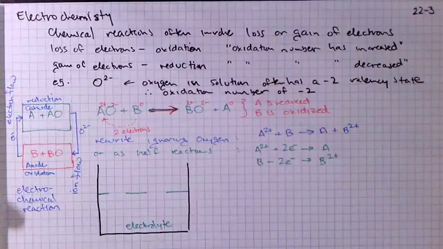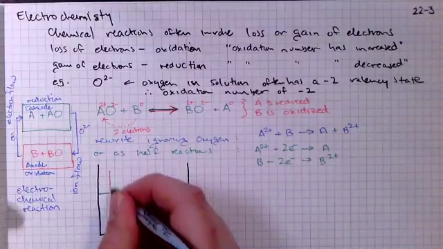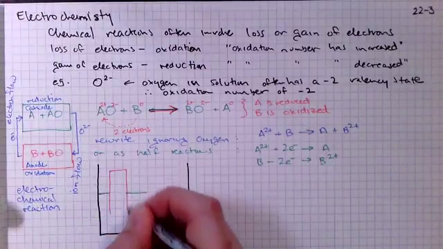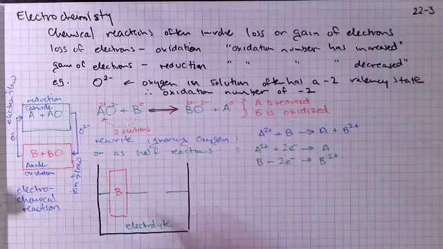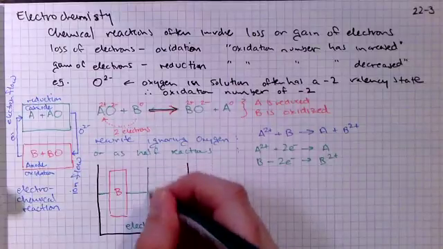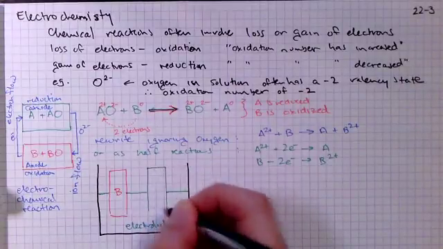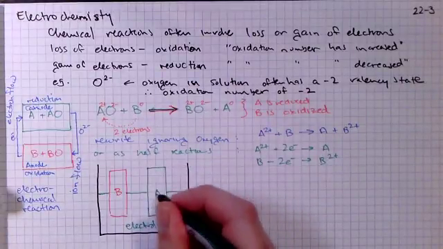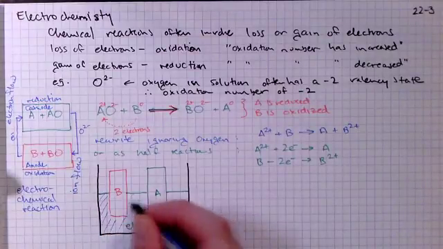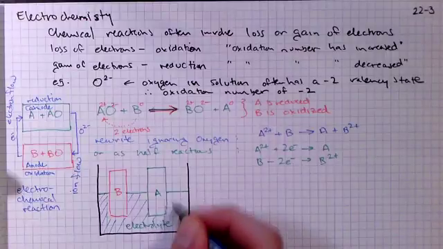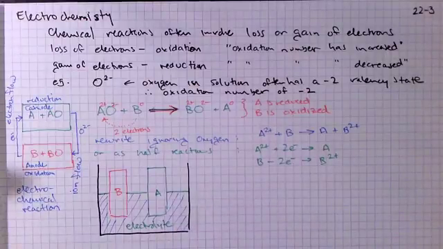And then inside we would put some B and some A. And then here we would have our electrolyte surrounding that. Okay.